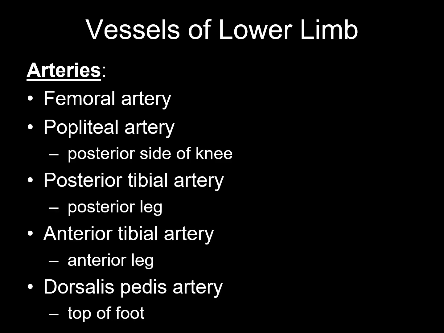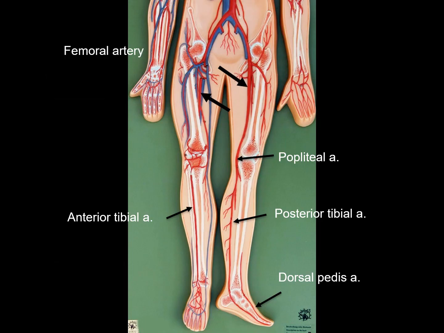And then we do have the posterior tibial artery, anterior tibial artery, and then this dorsalis pedis artery. Okay. So let's look at those. You can probably tell where the femoral artery will be, maybe these two, posterior and anterior tibial artery, and then we'll take a look at those other guys, okay?